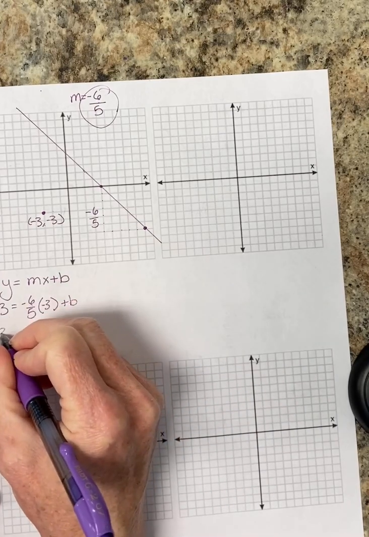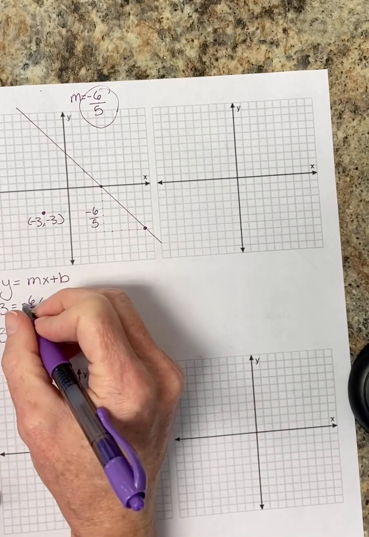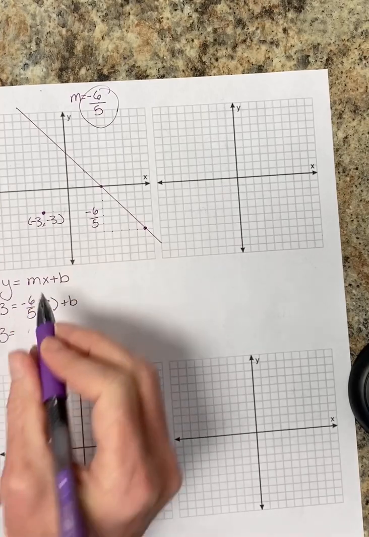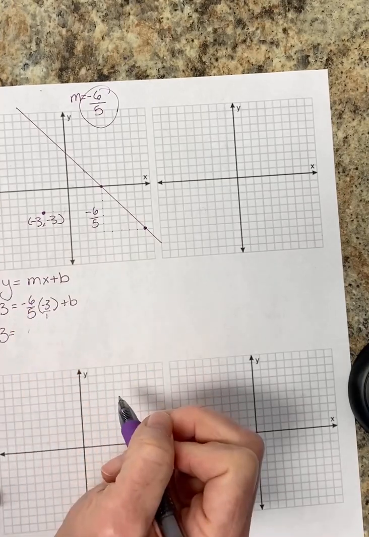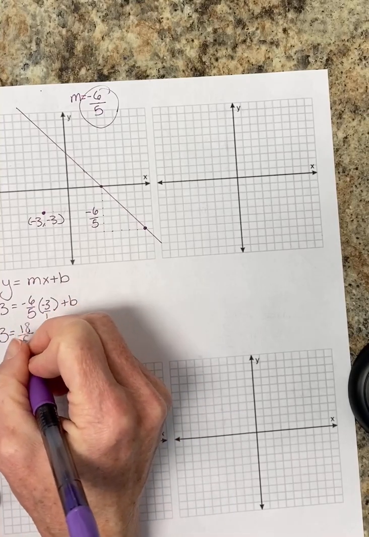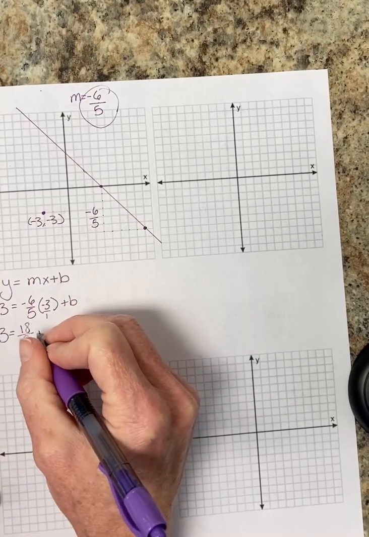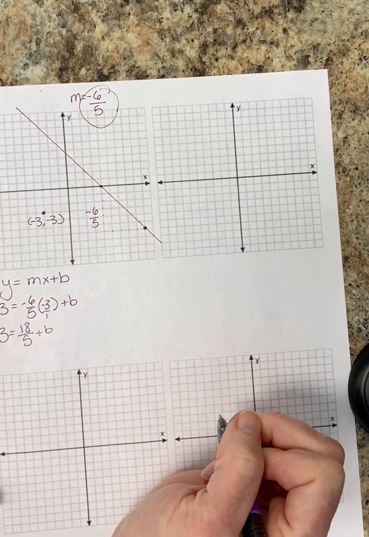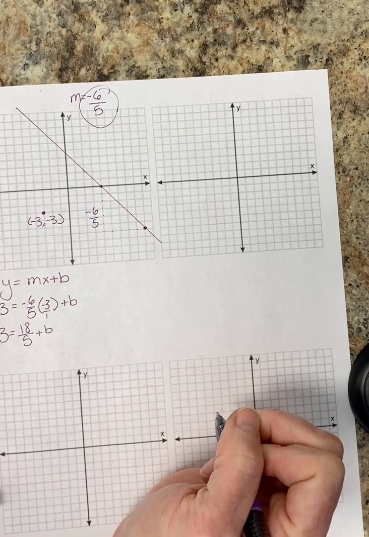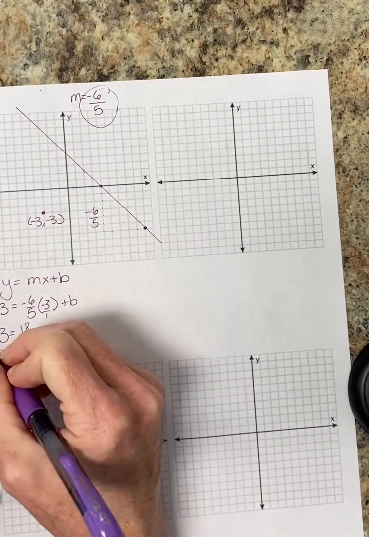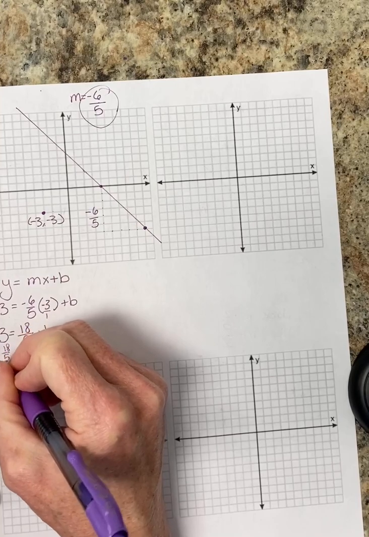So -3 equals -6/5 times -3. So that's an invisible 3/1, right? So -6 times -3 is 18/5 plus b. Ooh, b is not going to be pretty. I'm so sorry. That's what happens when you draw random lines. So I've got to subtract 18/5 from both sides.